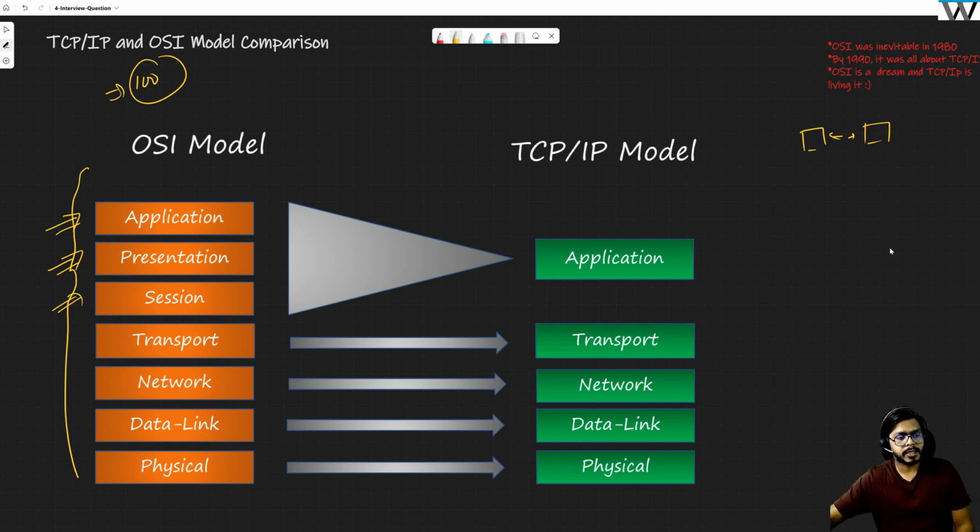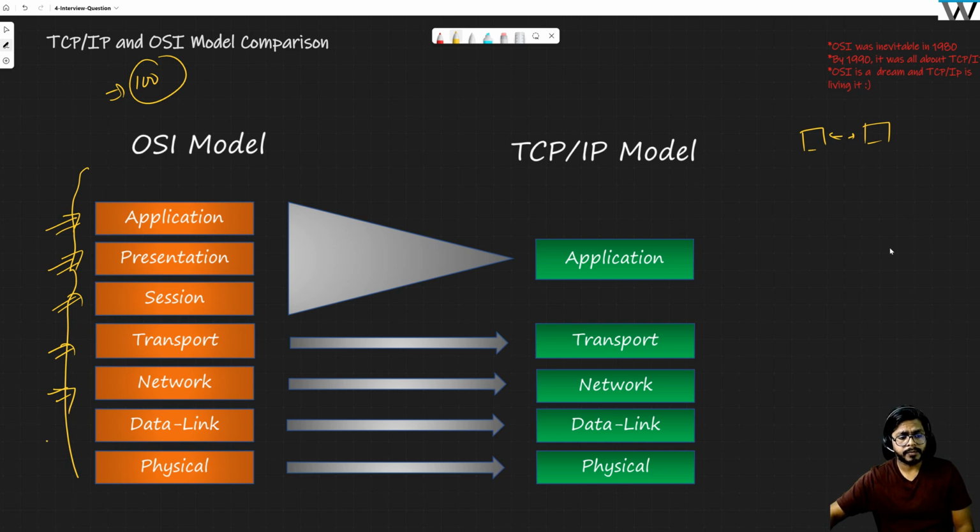Then the transport layer's responsibility was, whatever it gets from the top, to segment that information and send it towards the receiver at the right application, right? The network layer's responsibility, you know, is sending your message from source to destination, but which application it is going to is not the responsibility of the network layer.